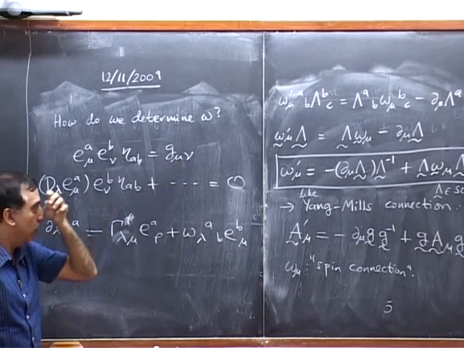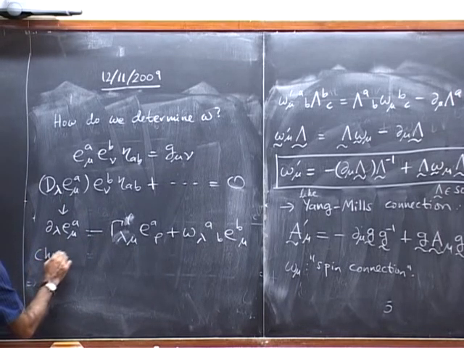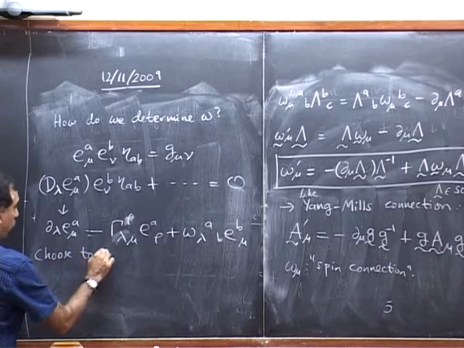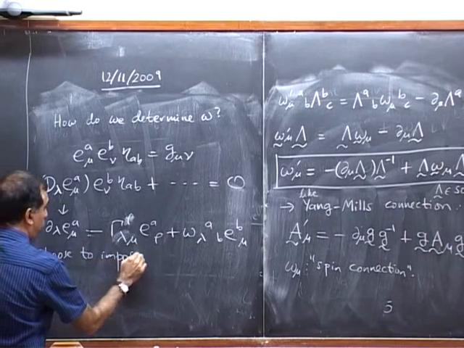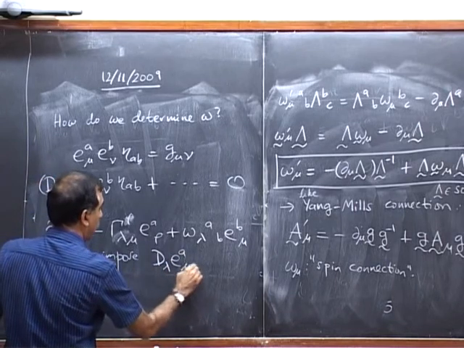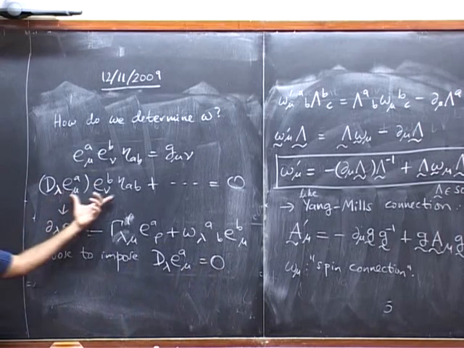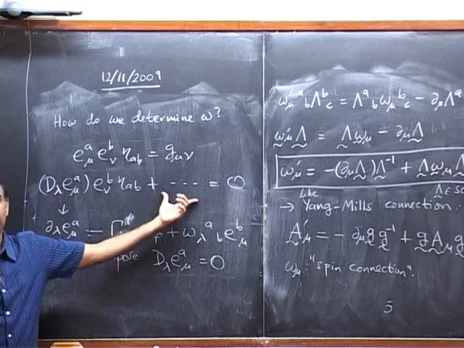Now, it's not necessary, but at our option we can choose to impose D e^A_mu equals 0 separately on e itself. That means both of these terms vanish separately.